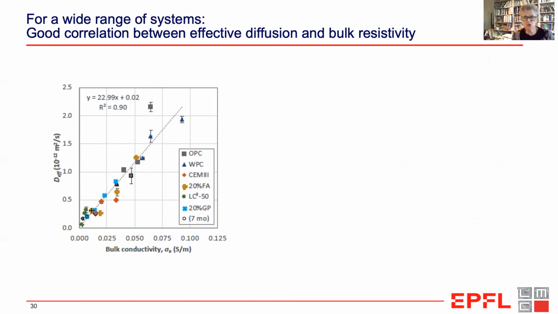And what we do see is now this very, very clear relationship between the effective diffusion coefficient and the bulk conductivity. So this is very nice, because the bulk conductivity is a very quick kind of test to make. You could measure this really in a few minutes.